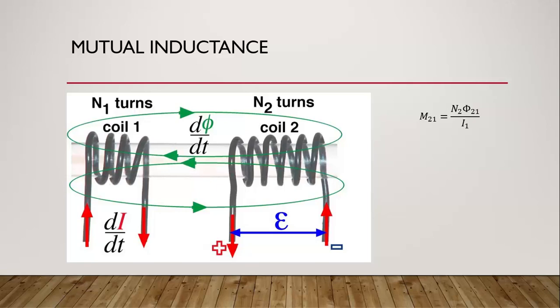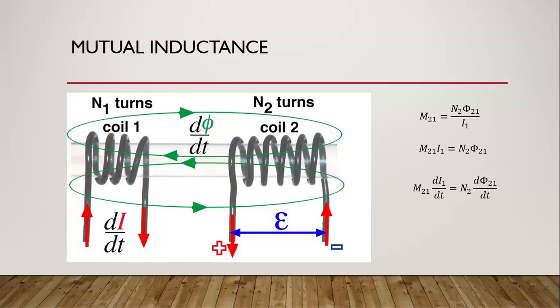The reason I put the current in 1 in here is that the current of 1 is related to the magnetic field that's going through coil 2. So if we rearrange this formula, M21 is the mutual inductance of 2 with respect to 1. We end up with this relationship.